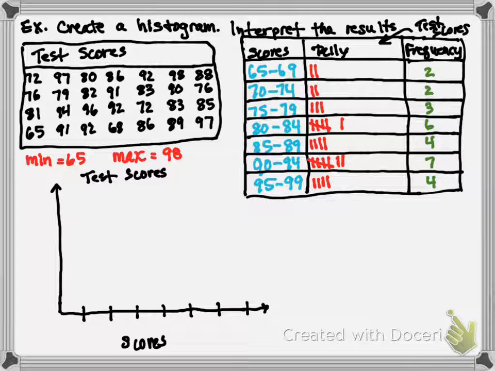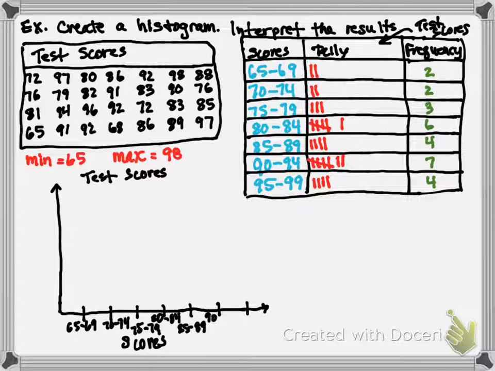So this would be the 65 to 69. This would be 70 to 74. See how now things are going to start running into each other? That's why I might dip down. 75 to 79. I might go back up again. 80 to 84. Go back down. 85 to 89.